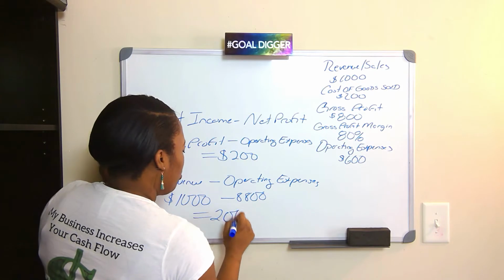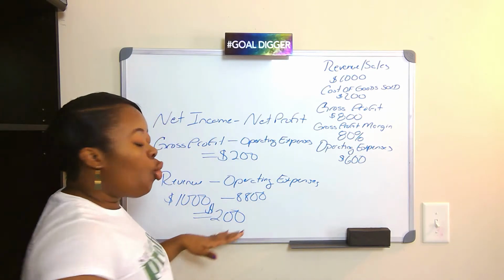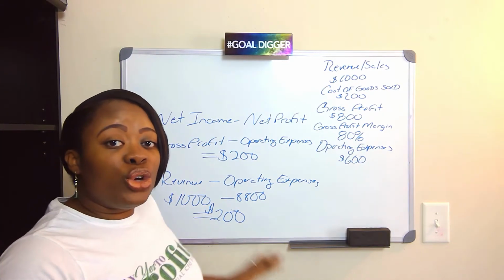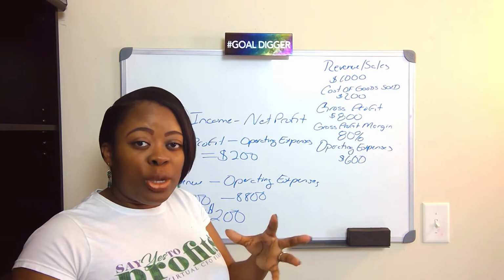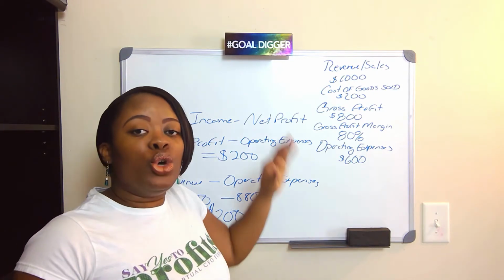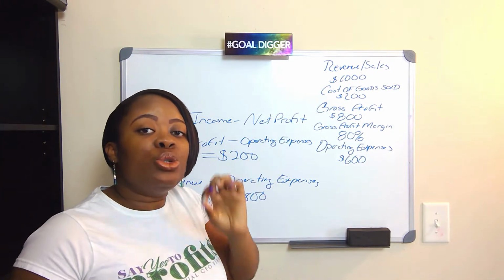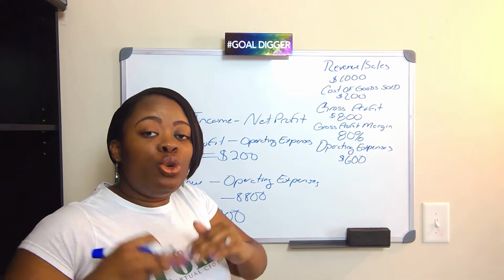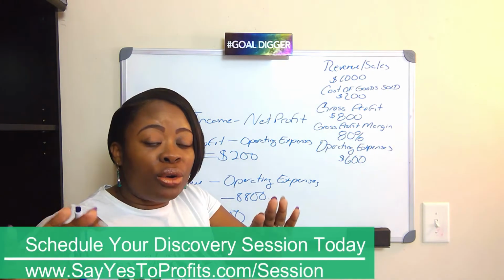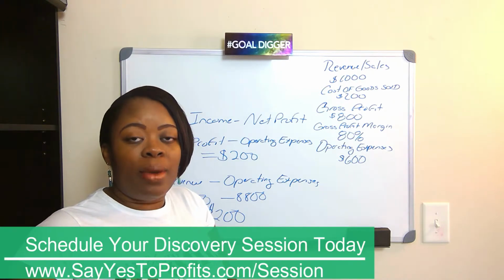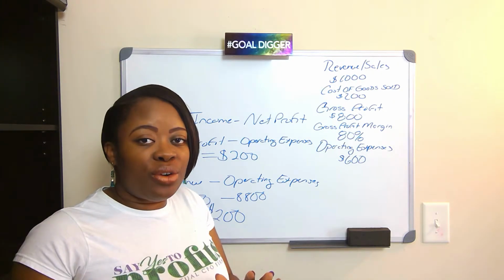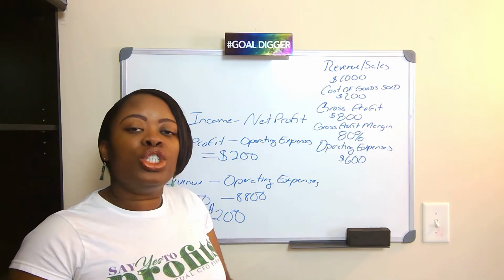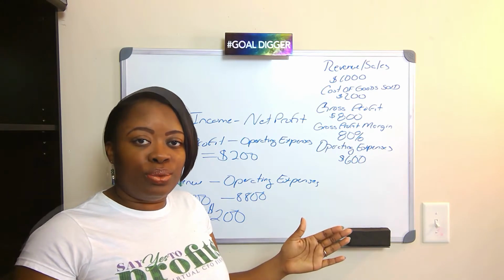And your net profit is again going to be $200. So your net profit, meaning for a particular period of time, you earn more money than you spend out. But what if you spend more money than you earned for that particular period of time? That means you actually generated a net loss, which is what you don't want to do.